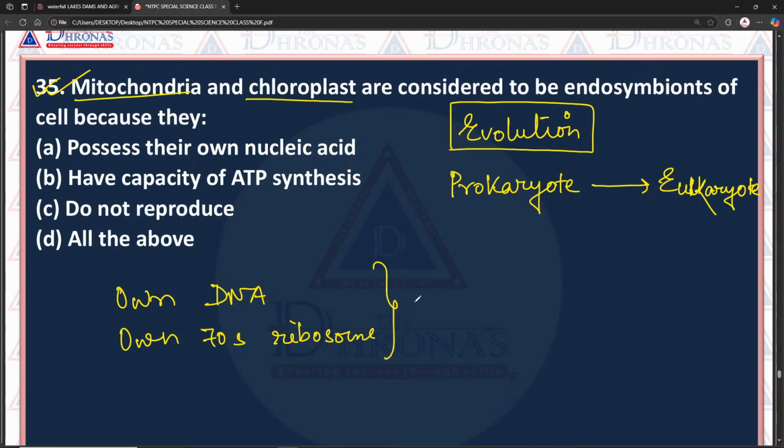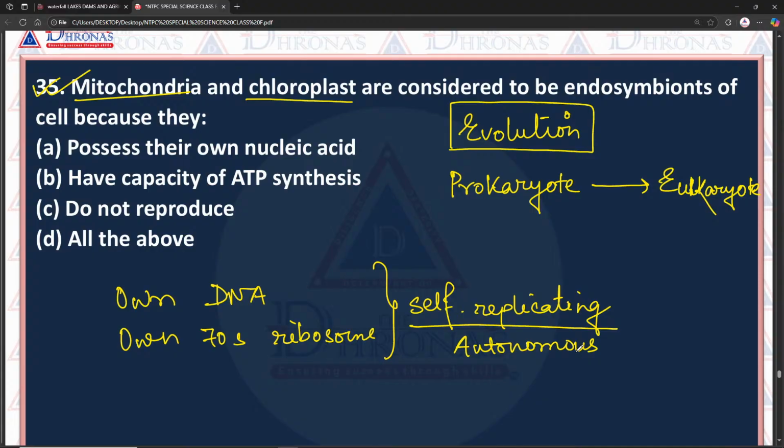Because of this, they are known as self-replicating or autonomous. So from the options, you already knew the answer. Possess their own nucleic acid.